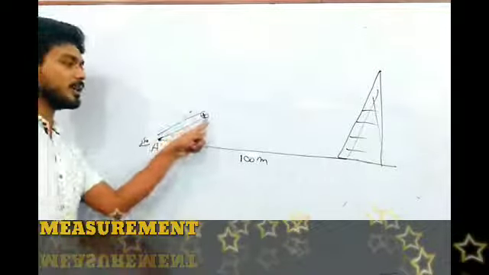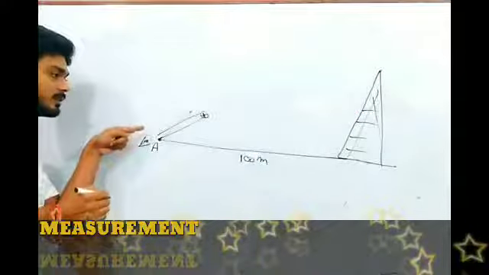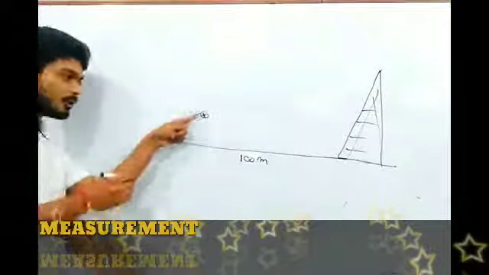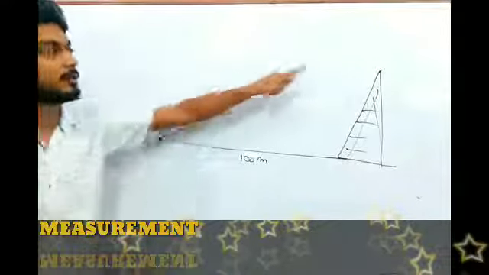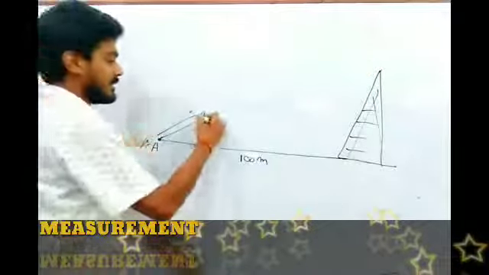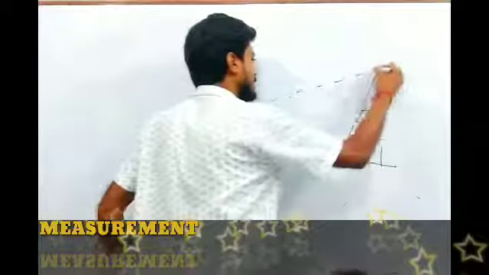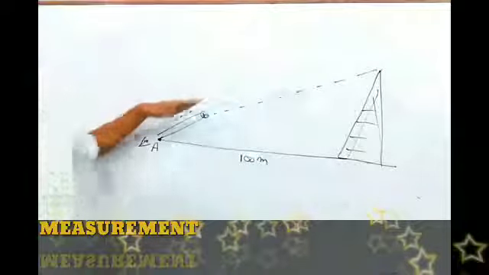Match this cross mark with the tip of the tower. It means the top of the tower is just in the sight of this telescope.